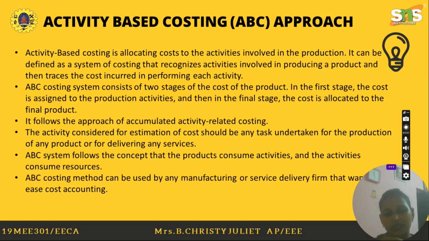ABC can be used by any manufacturing or service delivery firm that wants easy cost accounting. It is a very effective approach, though it is costlier to implement. The main drawback of ABC is that it is expensive compared to the traditional costing method.